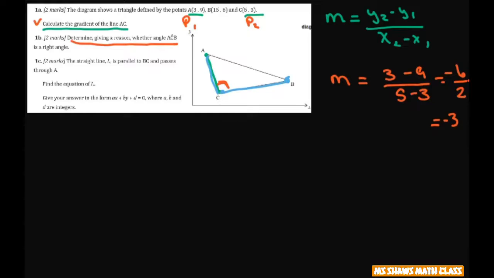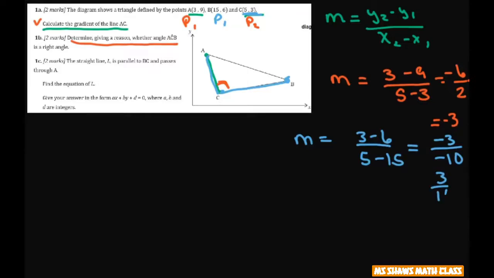So let's do that. If you calculate that gradient, CB, let's just start with this as point 2 and this as point 1. So that would be 3 minus 6 divided by 5 minus 15. So that's going to equal negative 3 divided by negative 10, which is 3/10.